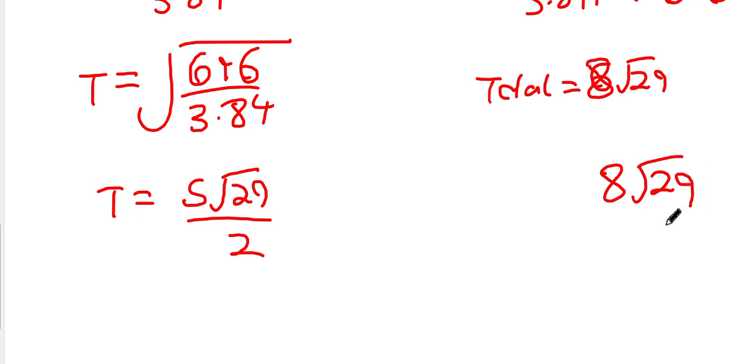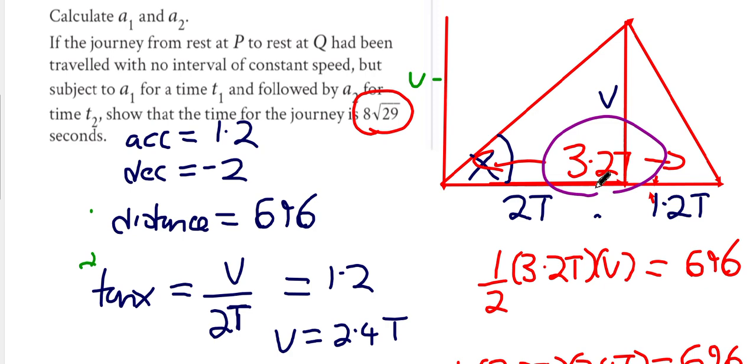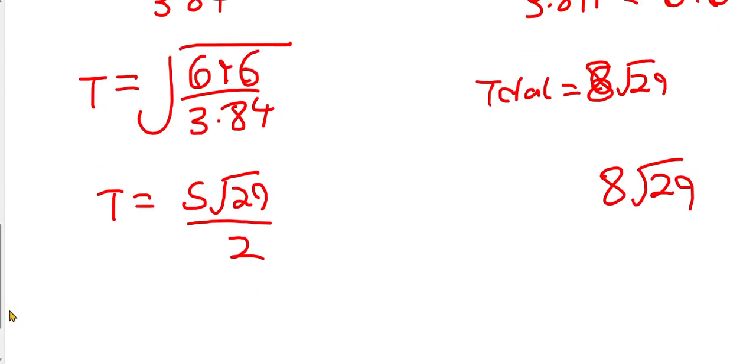Just trying to bait it out of people. So our t value wasn't the total time, because we said our total time was 3.2t. Multiply said answer by 3.2. Now what do we get? There you go.